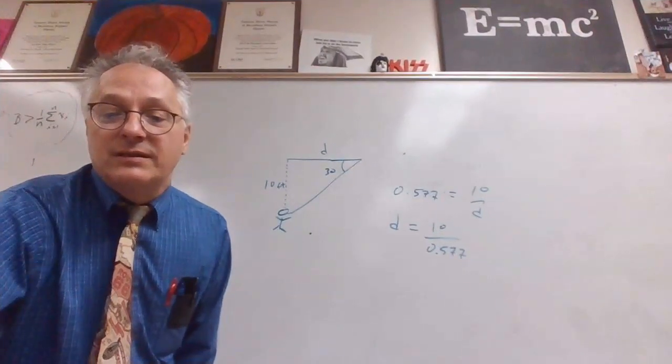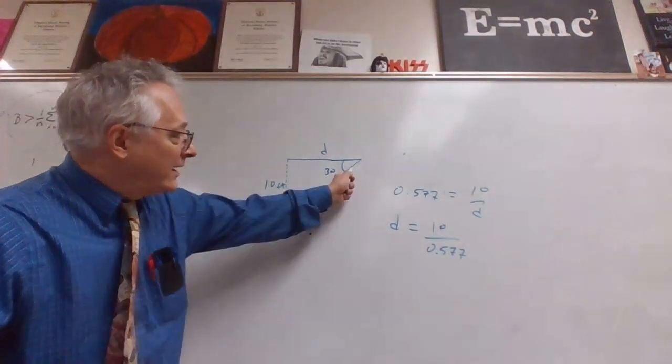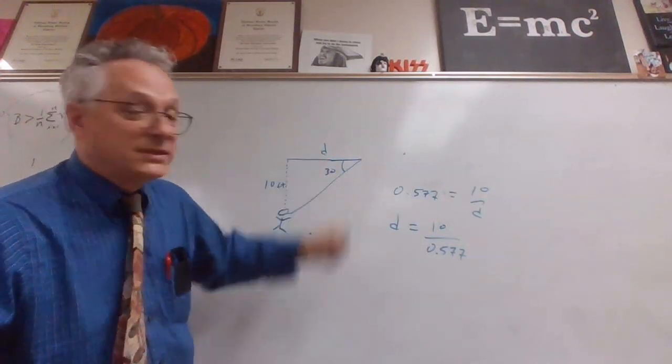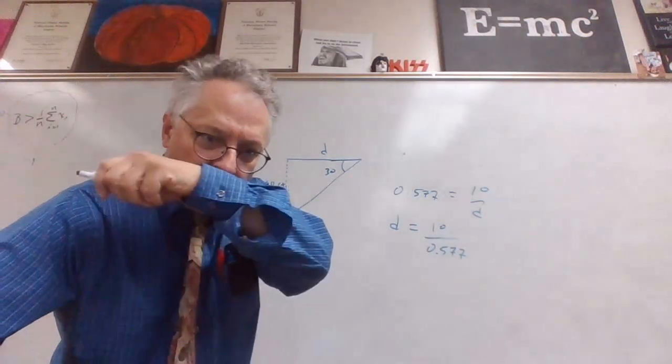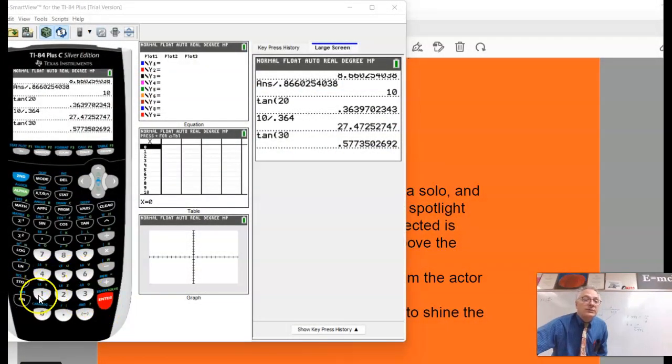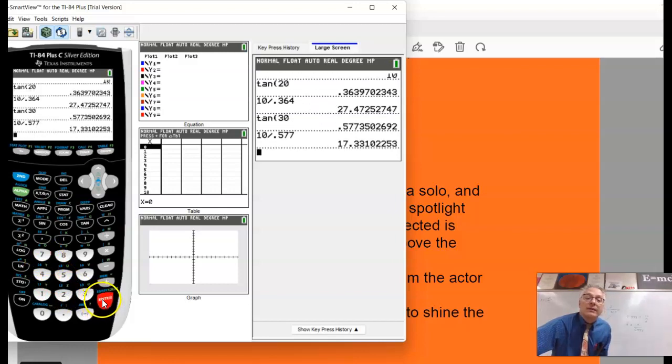If you want to see what I just did there, I'm just saying, hey, you had to move closer, and my angle is 30 degrees. What is the distance now? Let's go down and do 10 divided by 0.577. And the distance is 17.3 feet.